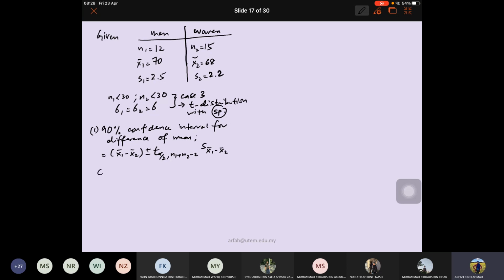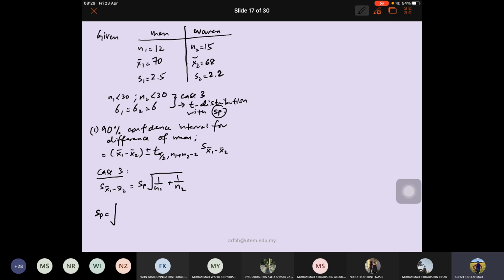So, since dia adalah case 3, kita tahu nak kira S of X bar 1 minus X bar 2 equal to SP square root of 1 over N1 plus 1 over N2. Okay. Betul.